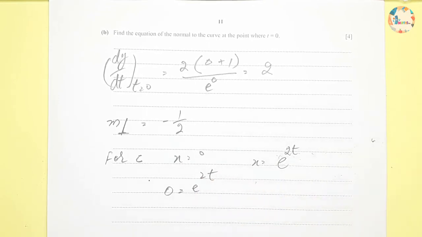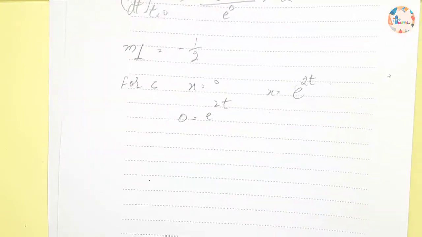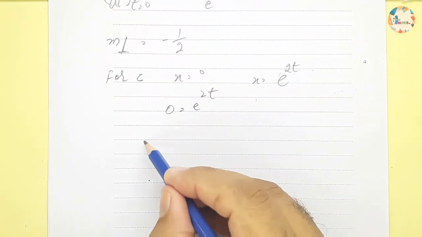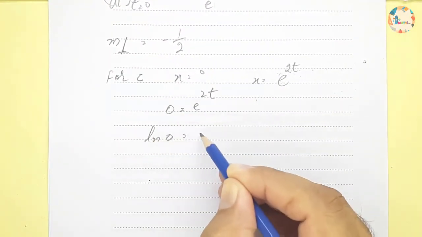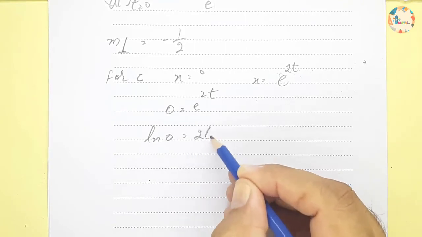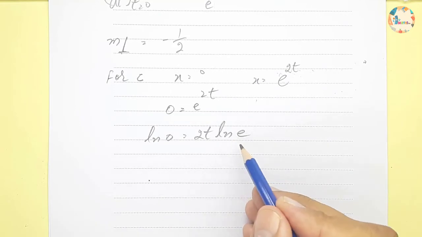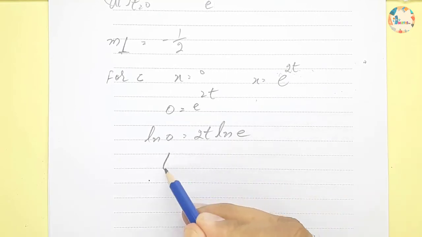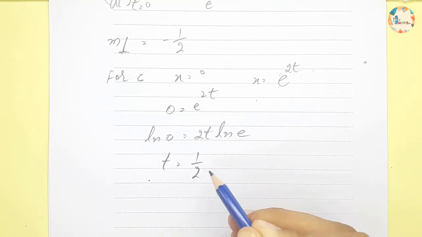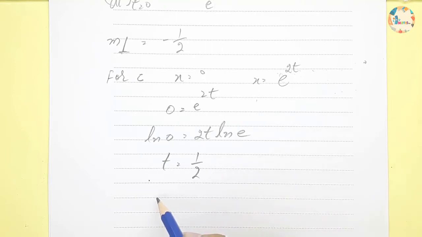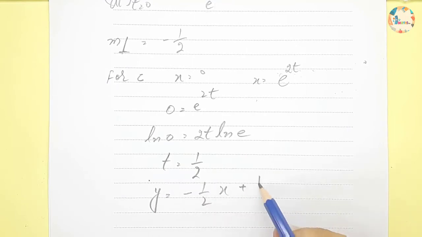Now we have to find the value of t, and to find the value of t we can take log on both sides, so log of 0 is equal to 2t log of e, and t will be equal to 1 by 2. Now we can write the equation y is equal to minus 1 by 2x plus 1 by 2.